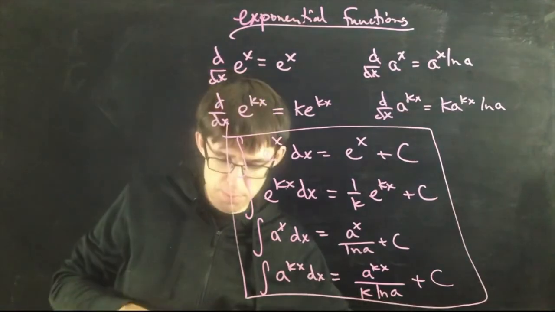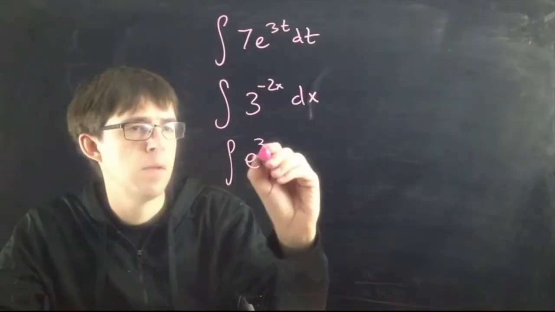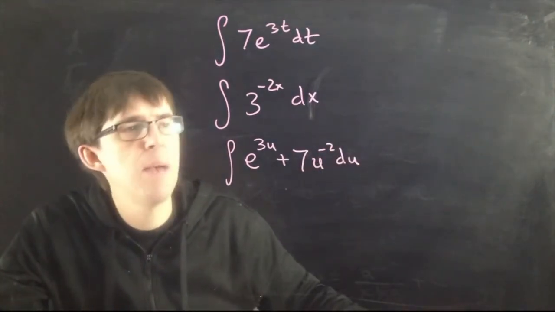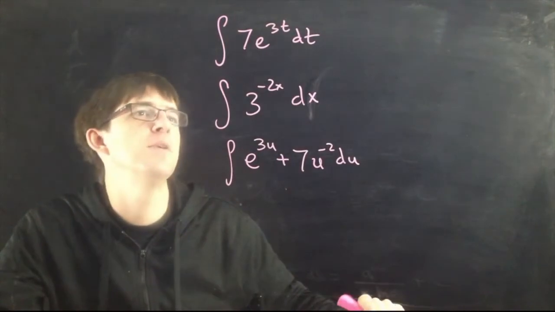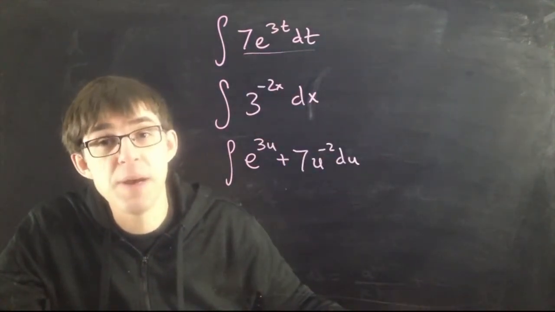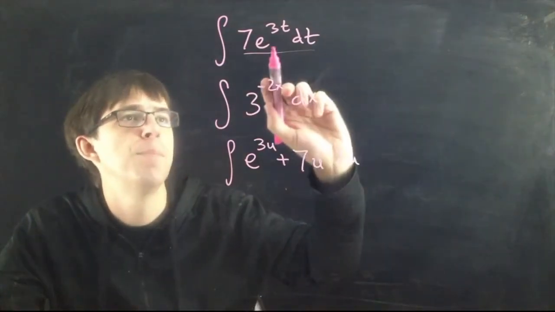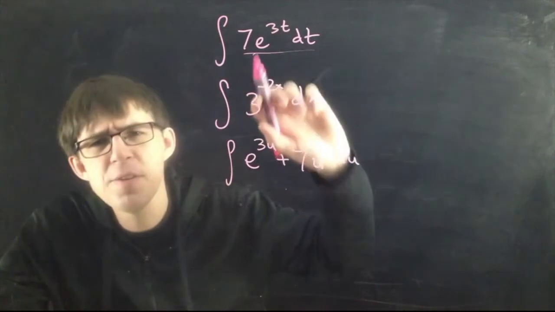Let's just do a simple example. All right, 3 quick examples. I changed the names of the variables just for fun. You know the textbook likes to do this. For the first one, I used the rule that I just erased about e to the kx, where the k is 3, right? And the x is called t in this problem. How do you handle the 7?